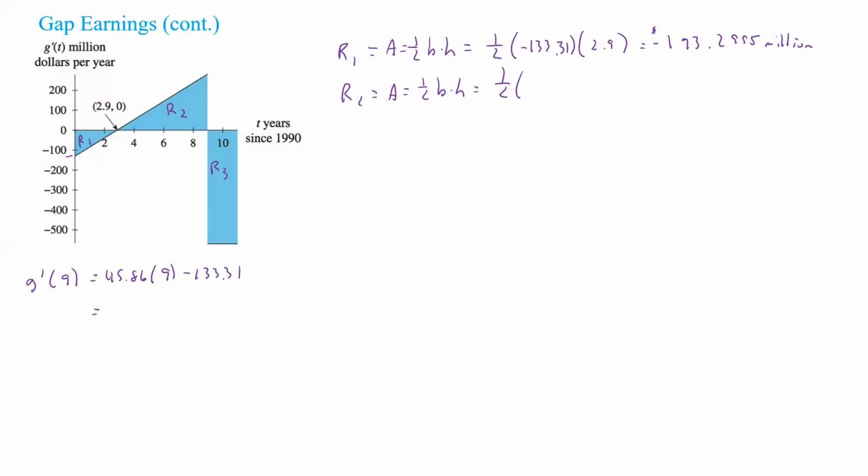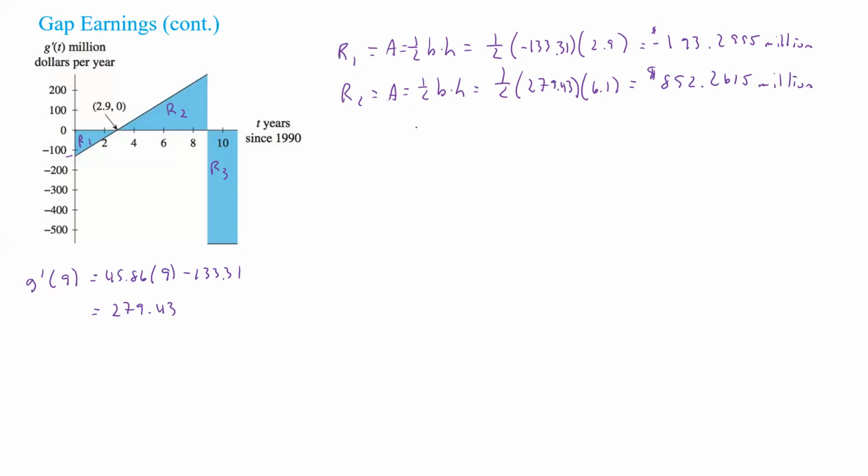That gives us 279.43. And our height goes from 9 to 2.9, so we take 9 and subtract 2.9, and we get 6.1. Multiplying all that together gives us 852.2615 million. It's positive, so the area and the revenue are both positive here.